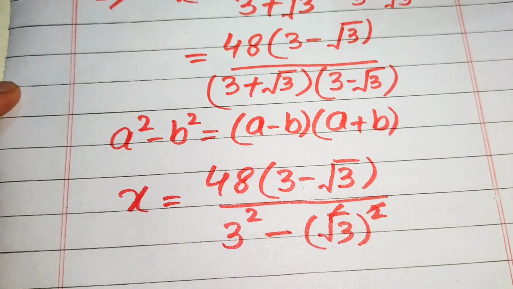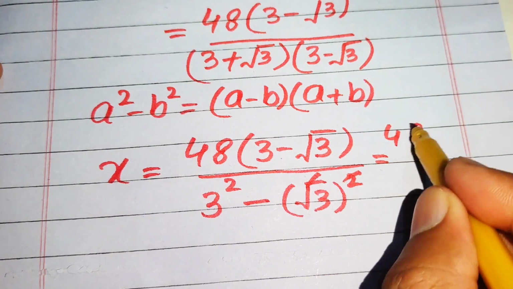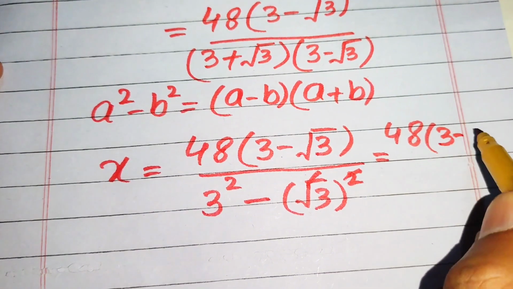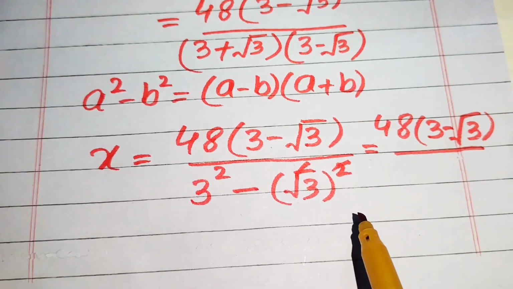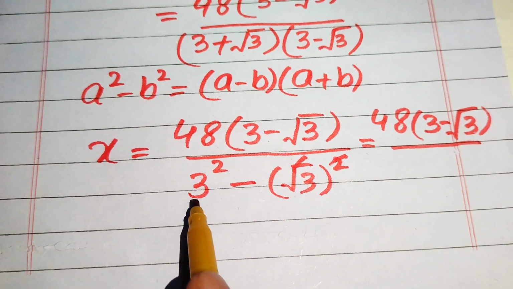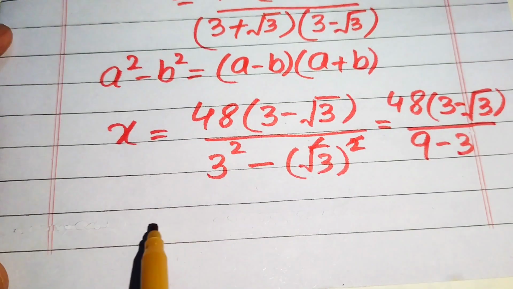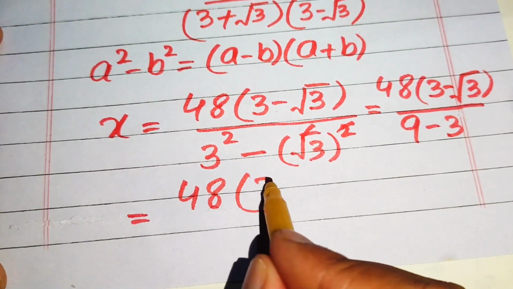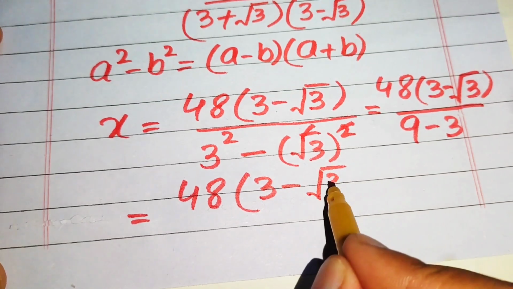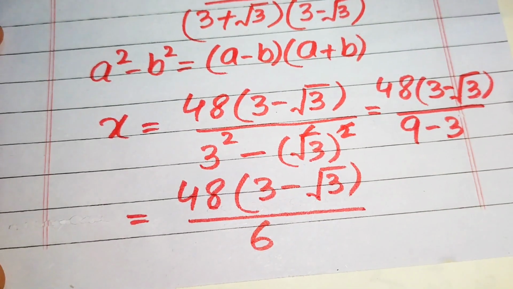So this 3 and 3 are cancelled by each other, and here we just get 48 into (3 minus square root of 3), divided by 3 square, which is 9 minus 3. Here we obtain 48 into (3 minus square root of 3), divided by 6.